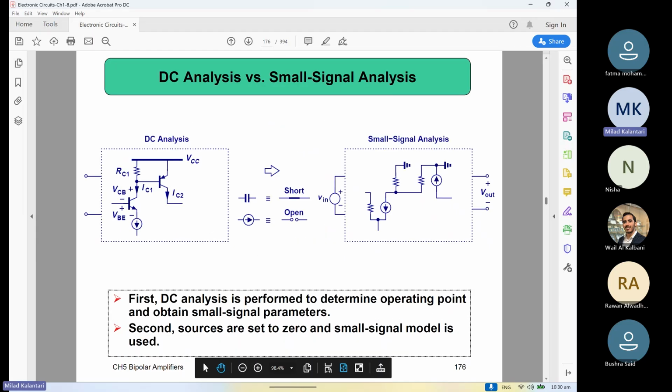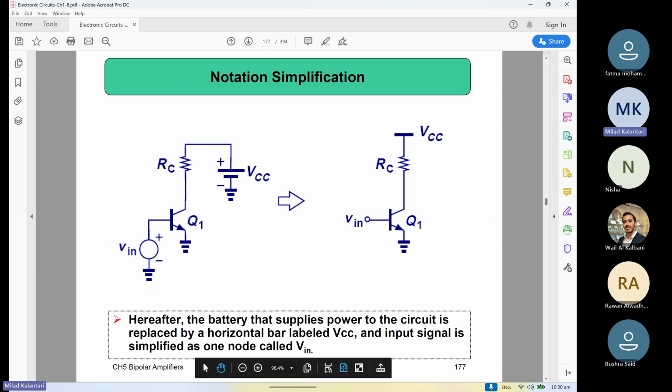Then we talk a little bit about the bias. As you see, the bias is important because it changes all of the parameters of the device: RO, R pi, and GM, right? So we need to figure out how to bias the circuit. One way to bias is to directly apply a DC voltage to the base, because we need the base-emitter junction to be forward biased, and the base-collector junction to be reverse biased.